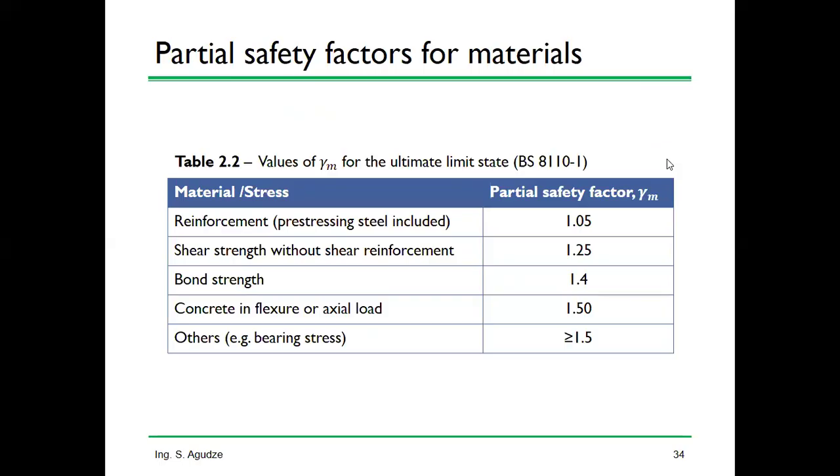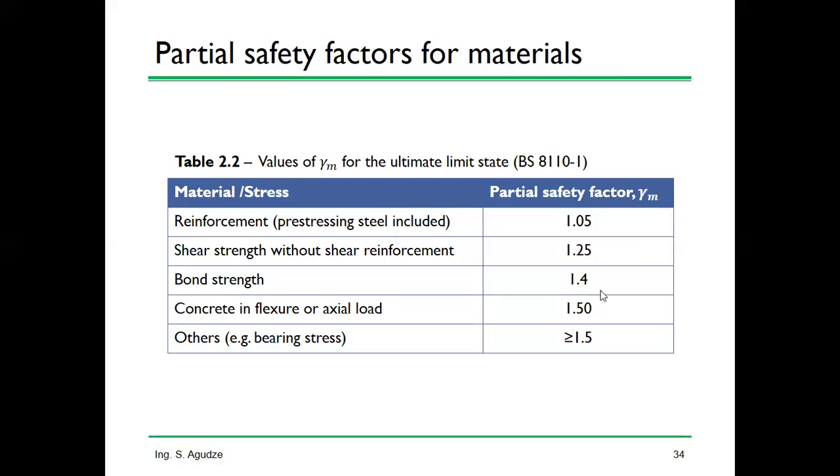So in terms of materials, if it is reinforcement, the gamma M is 1.05. And you can find this in the code, table 2.2 in BS 8110. If it is shear, you are dealing with shear strength without shear reinforcement for concrete, it is 1.25.